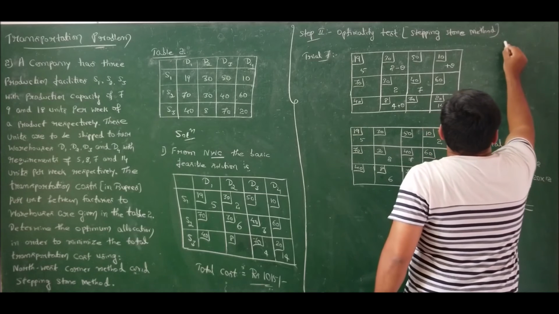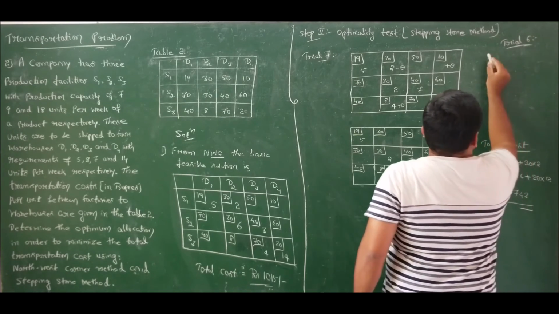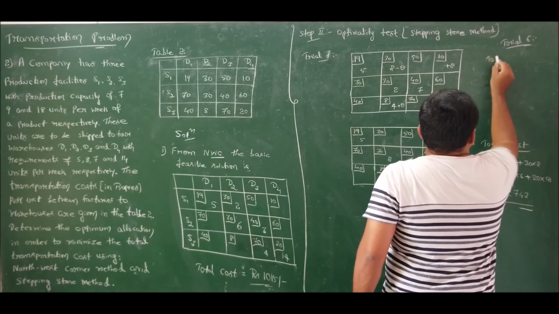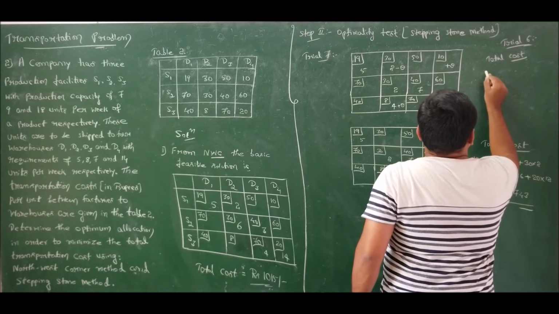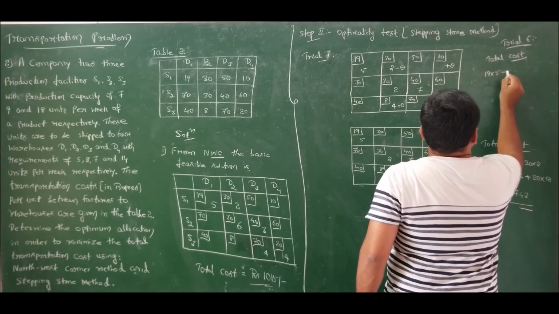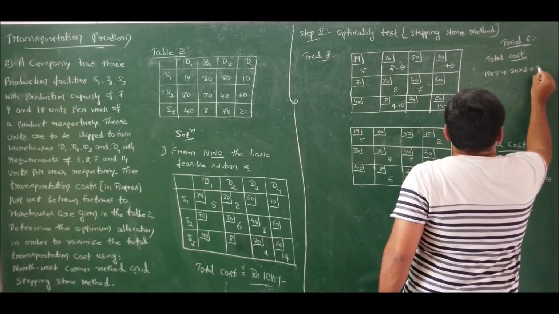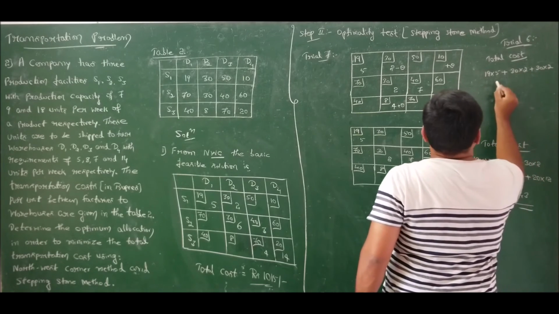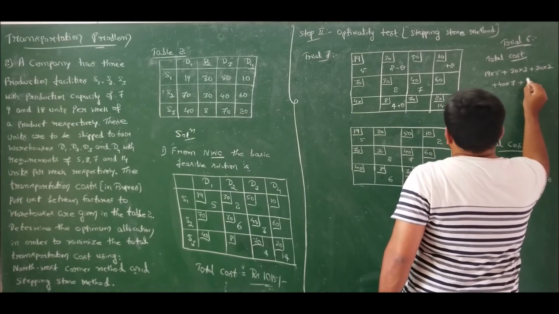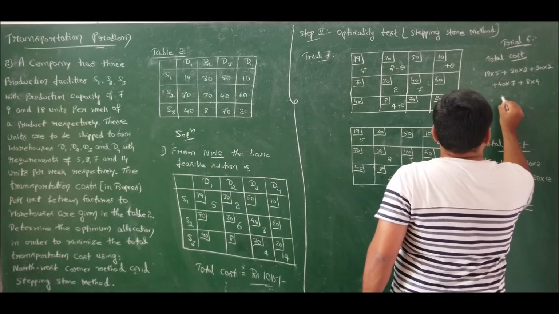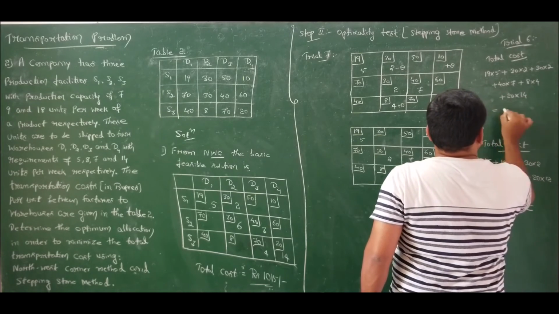Here in trial 6, what was the total cost? In trial 6, the total cost is 19 into 5 plus 30 into 2 plus 30 into 2 plus 40 into 7 plus 8 into 4 plus 20 into 14.